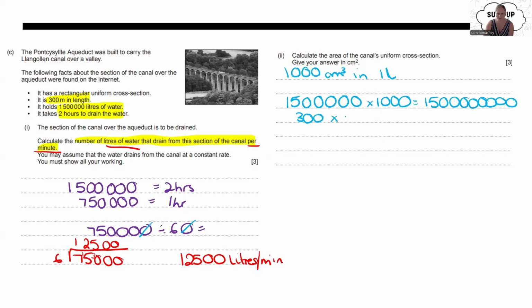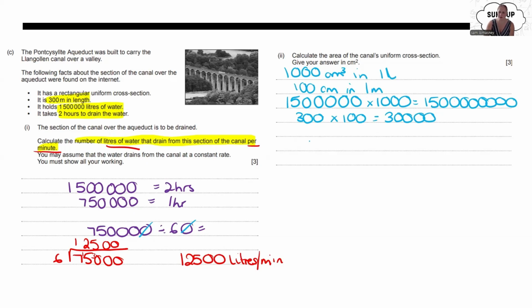That also needs to get into centimeters, so I'm going to times that by 100, because there are 100 centimeters in 1 meter. I'm going crazy, I'm drawing way too many zeros here. Okay, done that part.